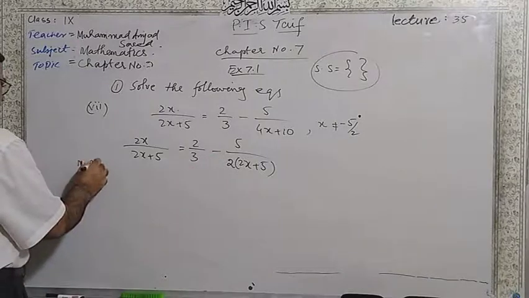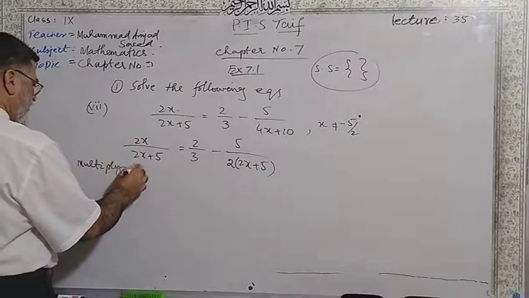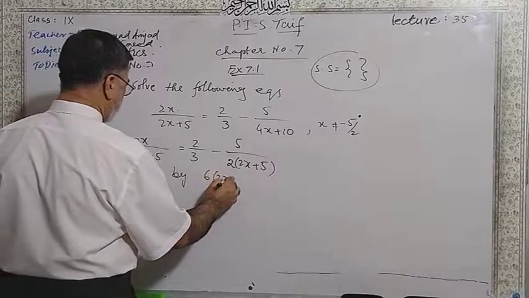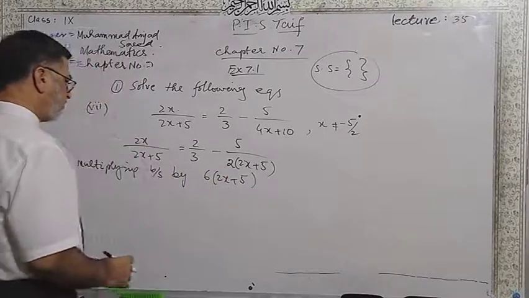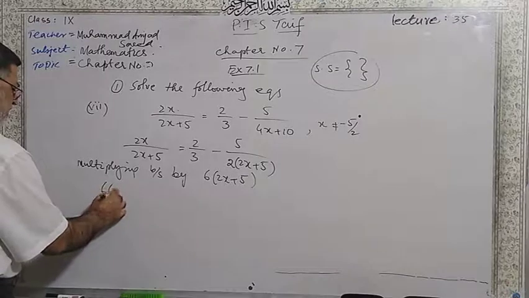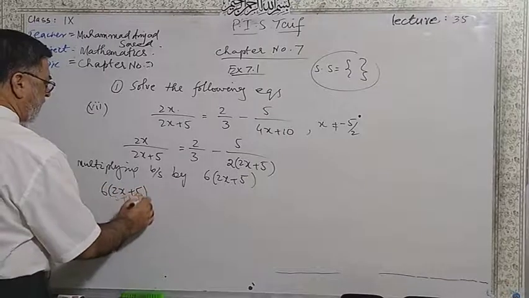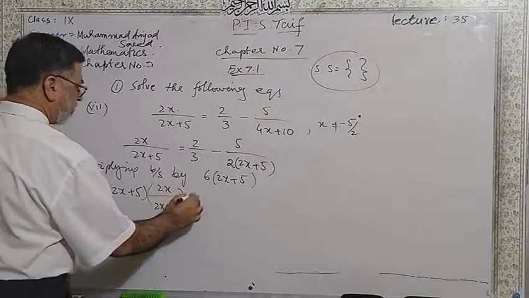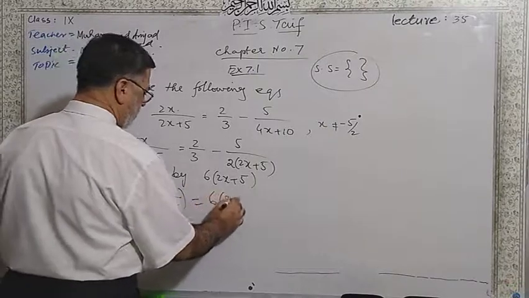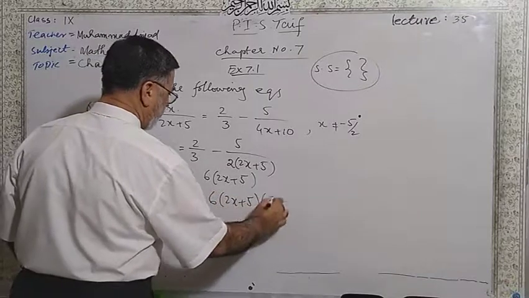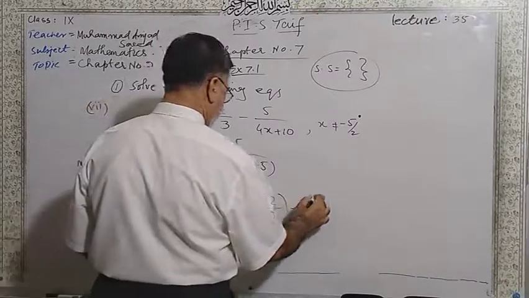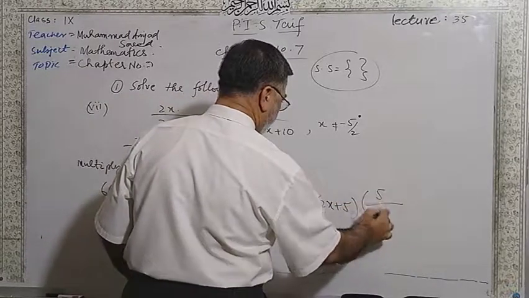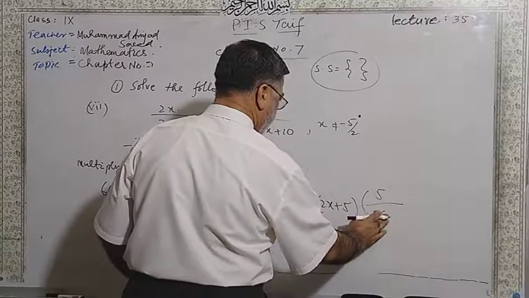So multiplying both sides by 3 times 2 into 2x plus 5. Here is 6 into 2x plus 5 into 2x over 2x plus 5 is equal to 6 into 2x plus 5 into 2 by 3 minus 6 into 2x plus 5 into 5 by 2 into 2x plus 5.